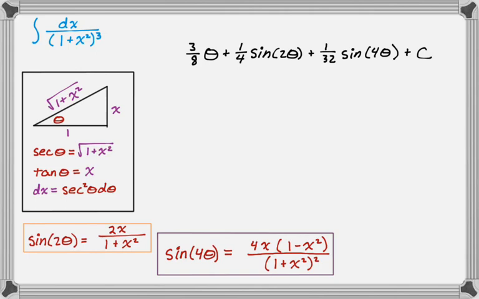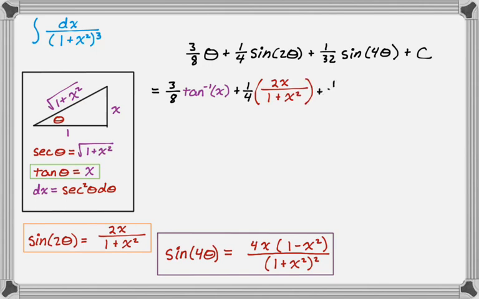And alright, let's substitute. So we've got equals 3/8. I need to substitute for theta. The easiest thing to do is you go to our triangle box there and you see tan of theta is x, so I'm just going to go with the inverse tangent of x plus 1/4. We found the sine of 2 theta to be the quantity 2x over 1 plus x squared.